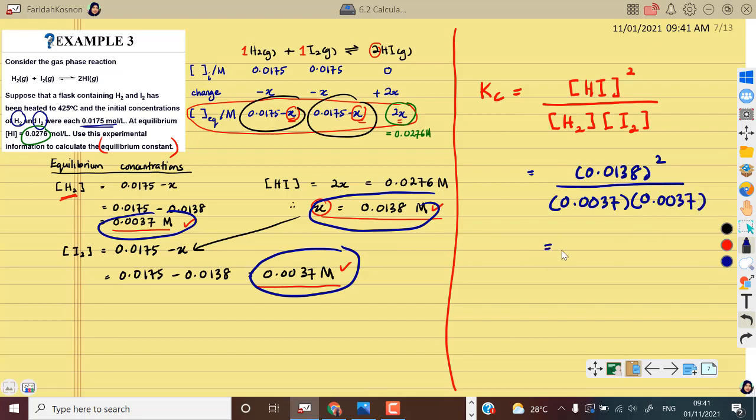Okay, so solve for Kc. So you will get around 55.6. No unit for Kc. Okay, jadi kat situ tak ada unit lah. Pastikan Kc, nilai Kc no unit.